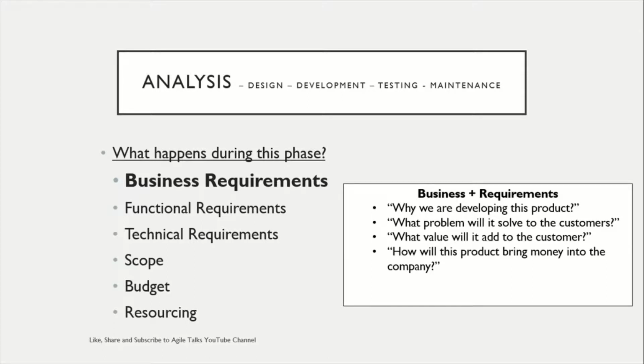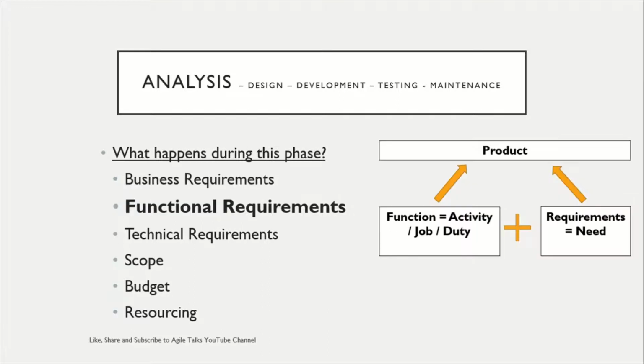Why are we developing this product, what problem will it solve for the customers, what value is it going to add to the customer, and how will this product bring money into the company. These are the questions the business requirements will address, and there will be a lot of discussions and analysis, and they will try permutations and combinations, a lot of factors while analyzing these business requirements.